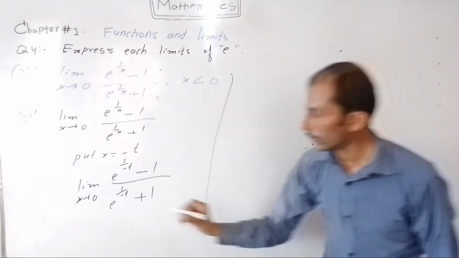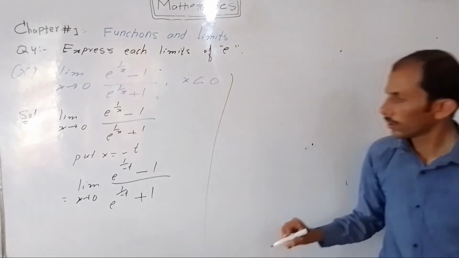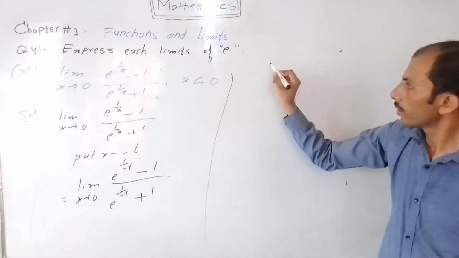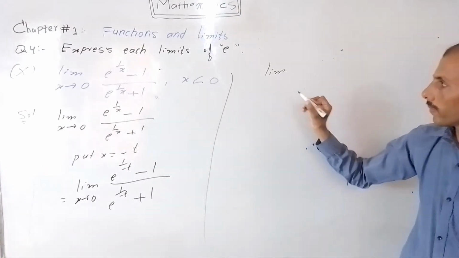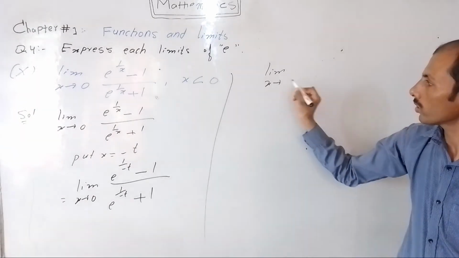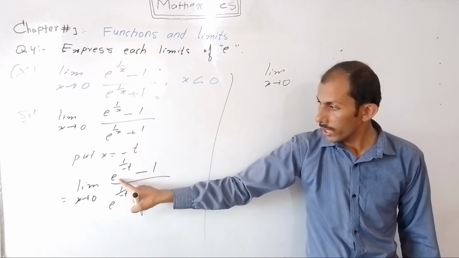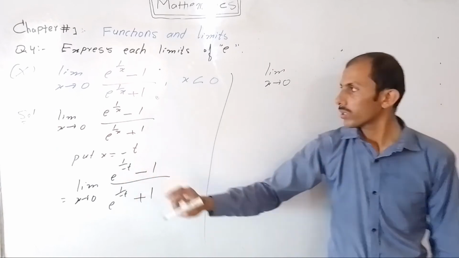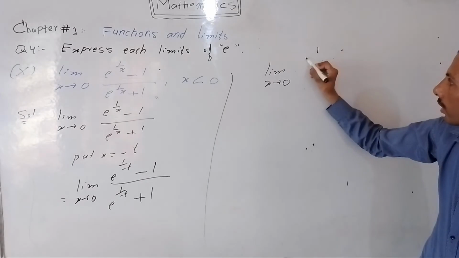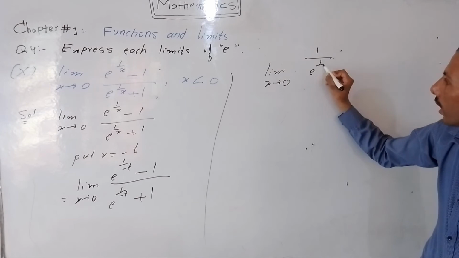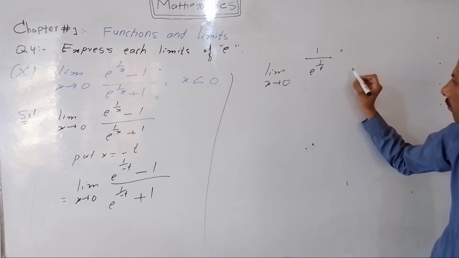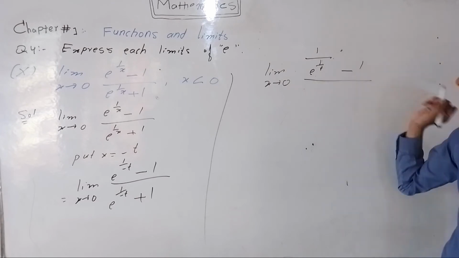Next, limit x approaches 0 of (e^(1/x) − 1)/(e^(1/x) + 1). If we make x = −t, positive t, then e power 1 divide minus t, so 1 divide e power 1 divide t, minus 1.